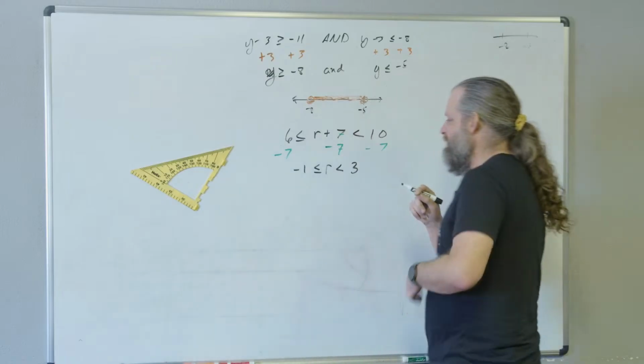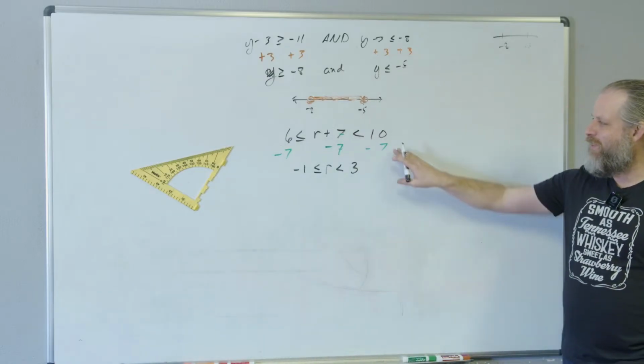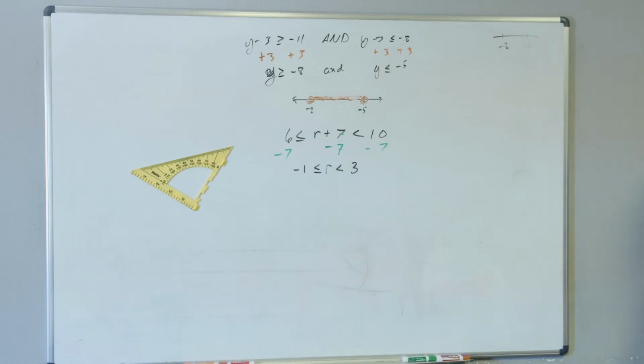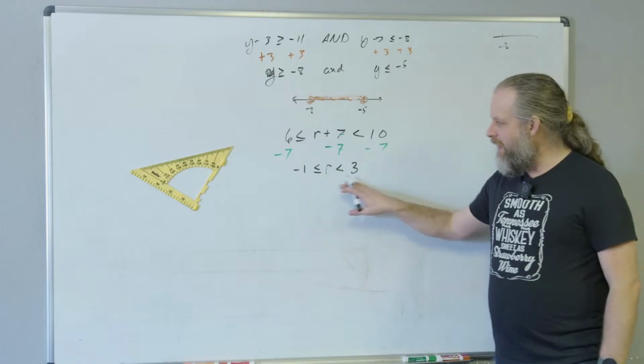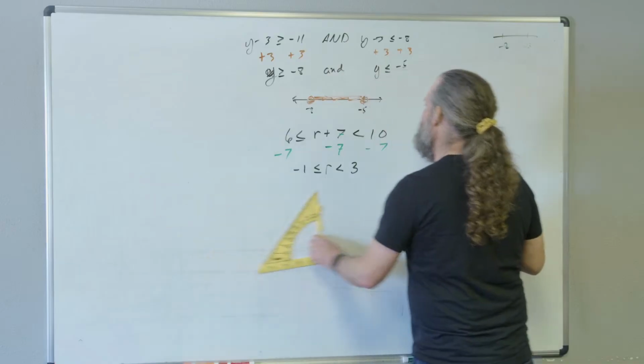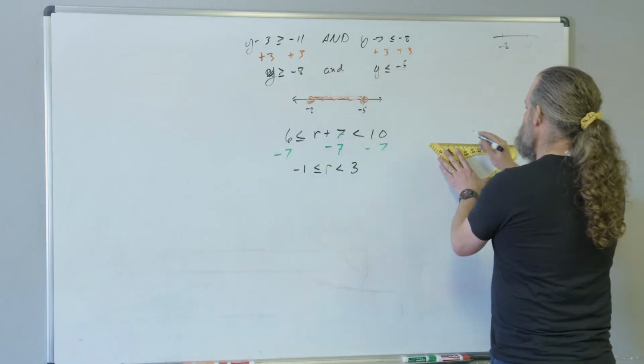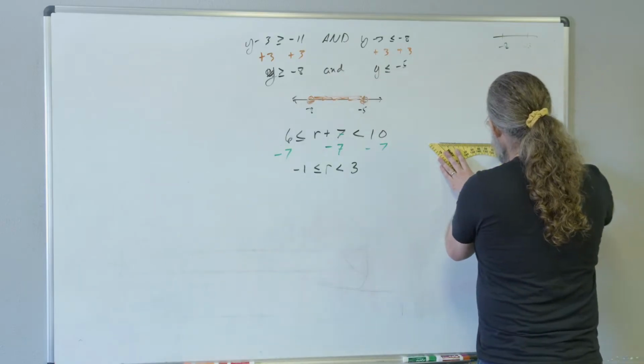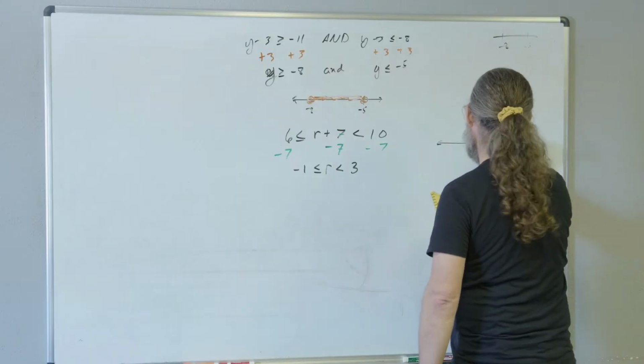For the same reason I sometimes write the wrong number. You were thinking 3 and you looked here and your mouth said 7. That's how it happened. Okay, now we've got to graph the thing. R is bigger than negative 13 and less than that number, 3. Right? Easy squeezy lemon peasy.